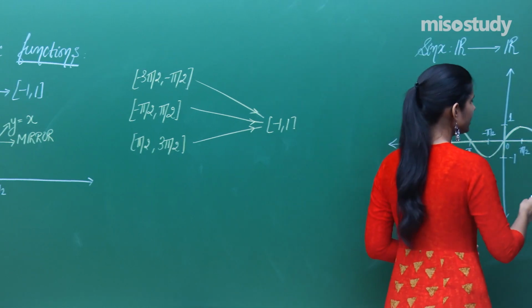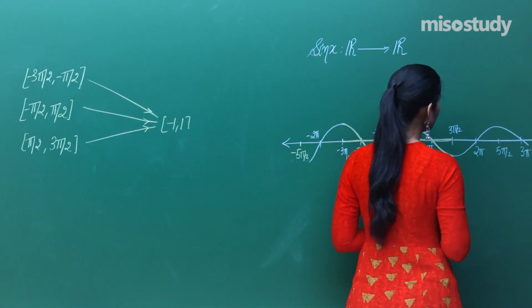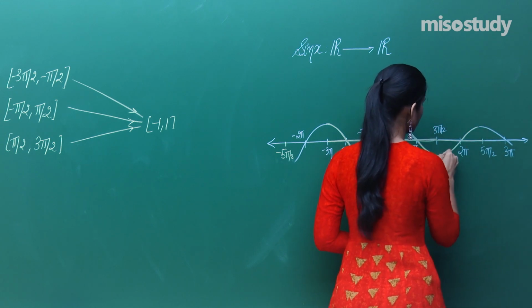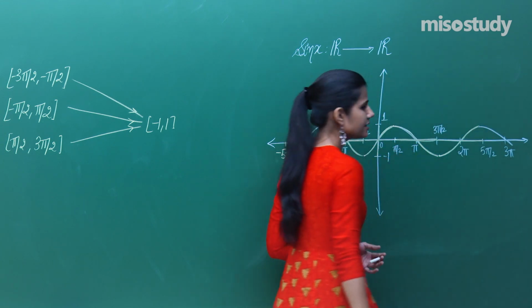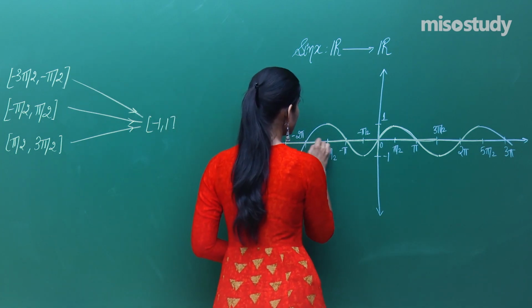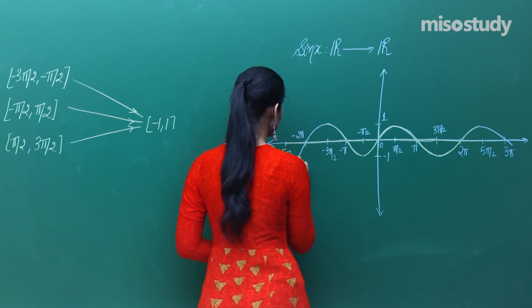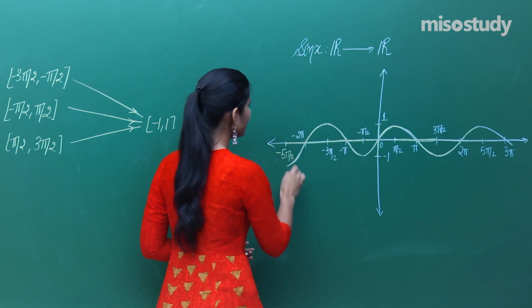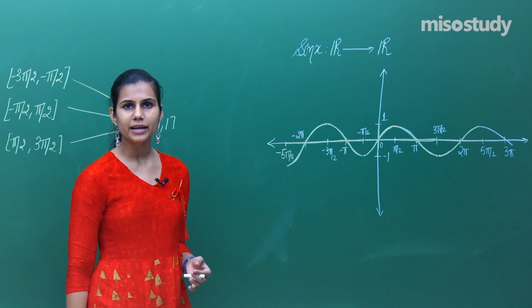If I had taken it from 3 pi by 2 to 5 pi by 2, again I would have got a graph with no turns, covering all the values from minus 1 to 1. Or if I had restricted from minus 5 pi by 2 to minus 3 pi by 2, I would have got this part of the graph, which again has no turns and covers all the values from minus 1 to 1.